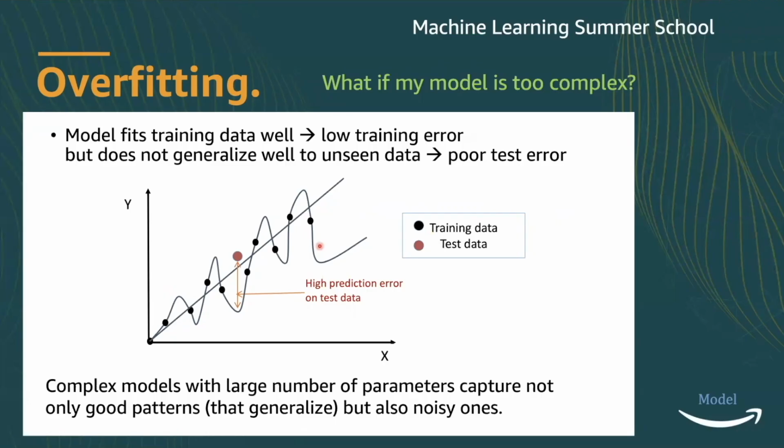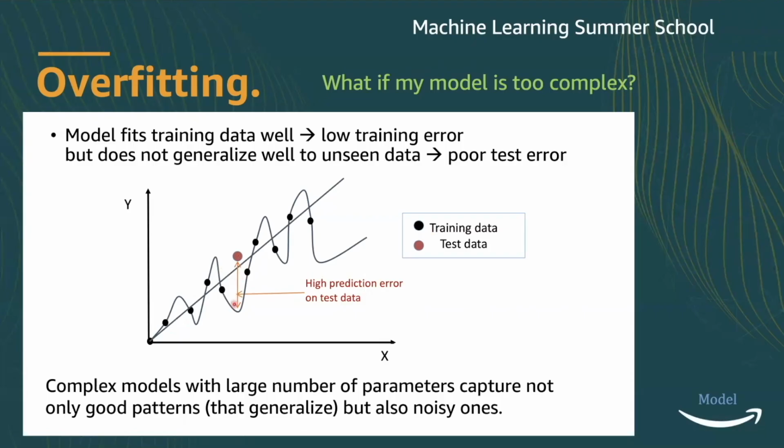Now, if you have a test data point, like you see in the red dot here, which of these models would make a bigger error?